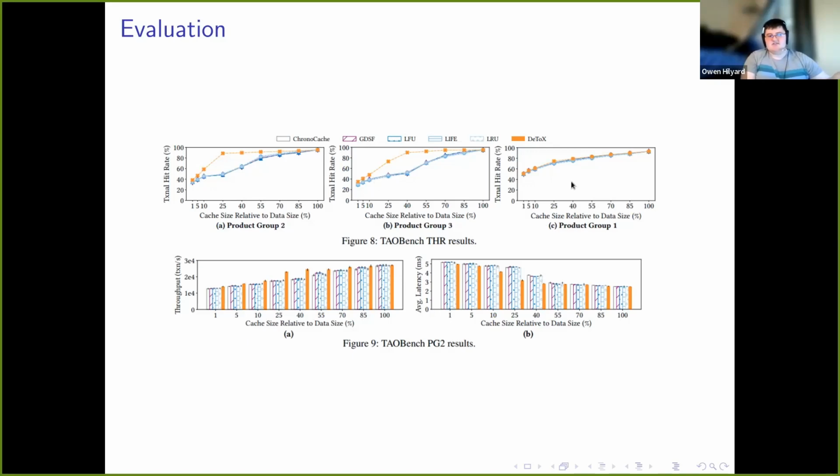And there are similar results for other product groups, or it's basically the same. So this is very promising for reducing the amount of data that you have to store in order to effectively cache things. Or use the same cache size and you can do a lot more with it.